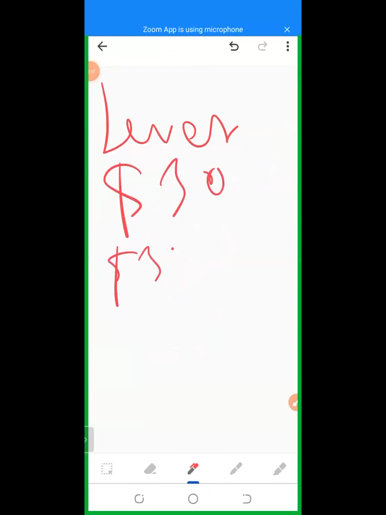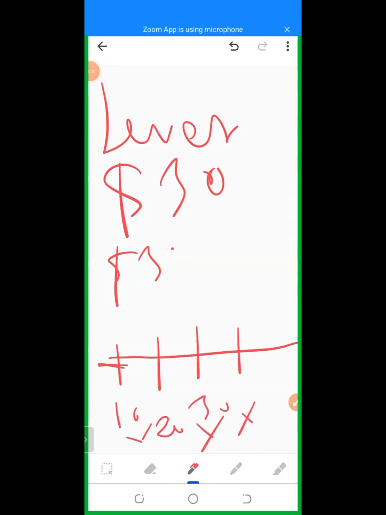When you place an order, once you enter a trade, you will see something like a meter. You will see 10x, 20x, 30x, 40x, 50x, and some exchanges can give as high as 75x.